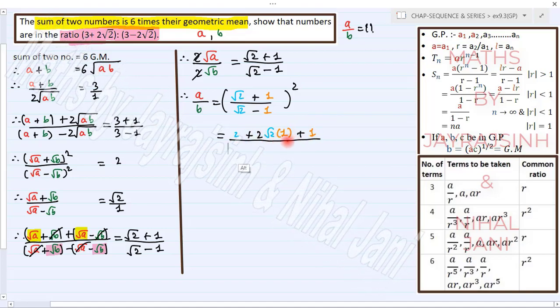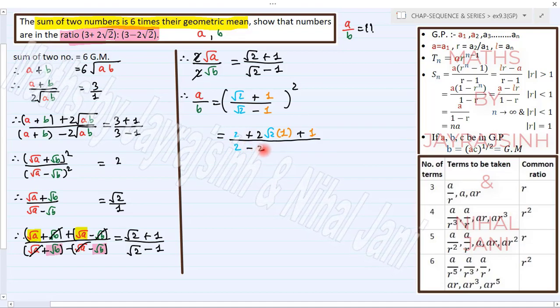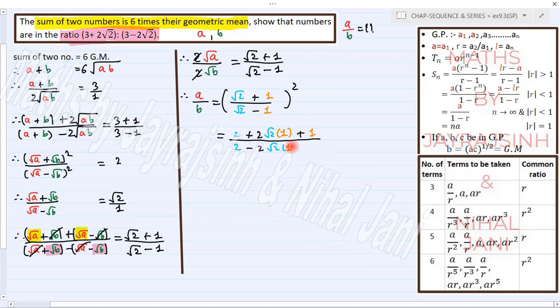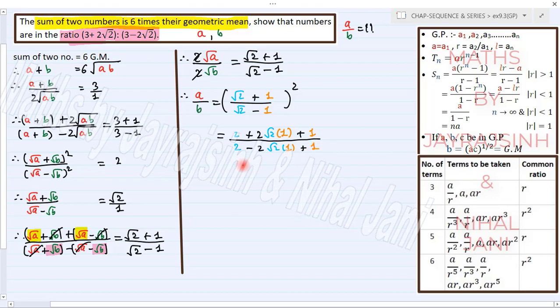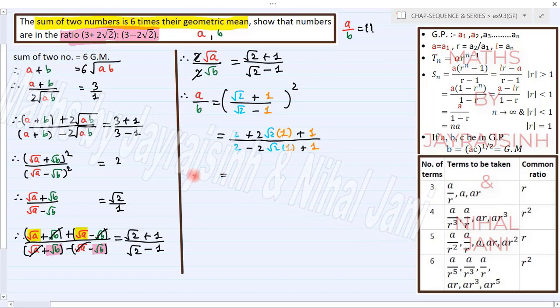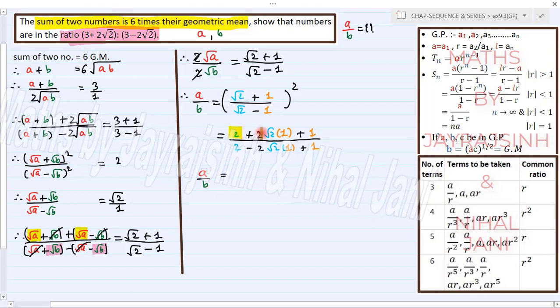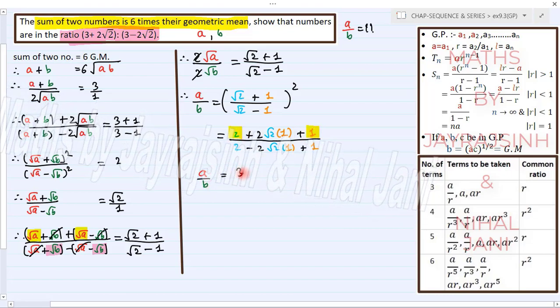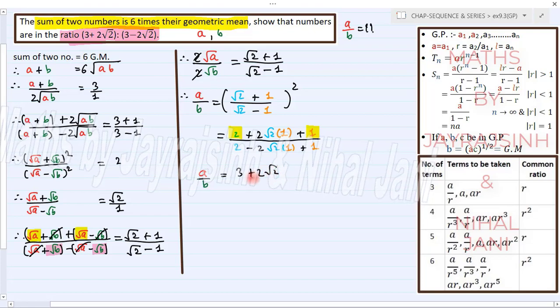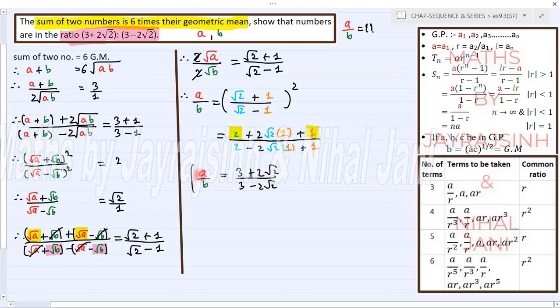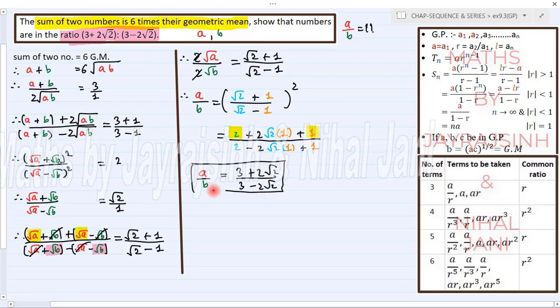Similarly, in the denominator we'll get 2 minus 2 into root 2 plus 1. So your a by b is nothing but 2 plus 1, which is 3, plus 2 root 2 upon 3 minus 2 root 2, which is your required answer. Hence proved. Tada!